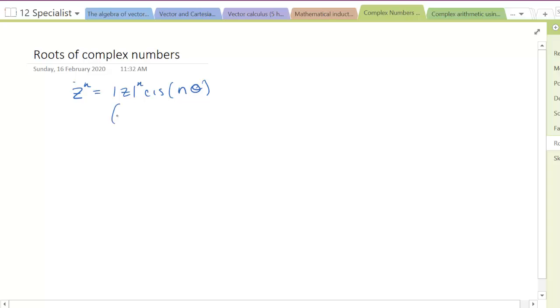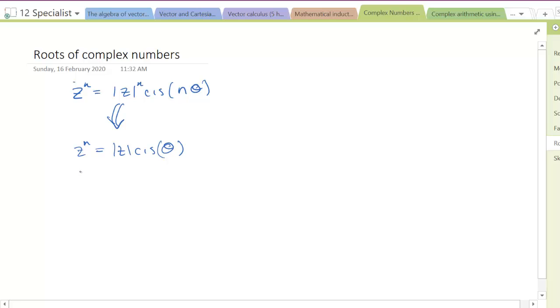So if we consider that we have z to the power of n, and it's already gone through this process and simplified into the modulus cis theta, so just a modulus and an argument, and we're trying to work out what z will be equal to, then we have to use roots in order to simplify this down.